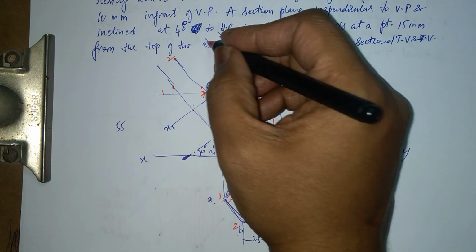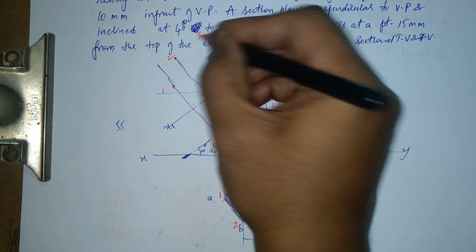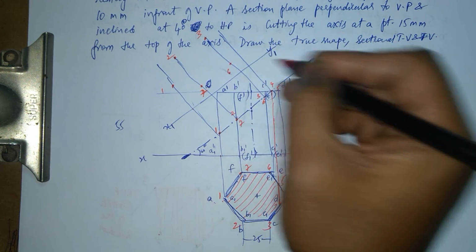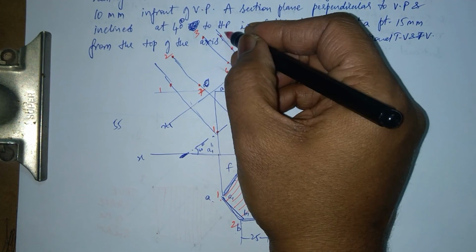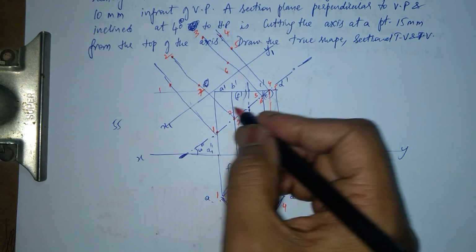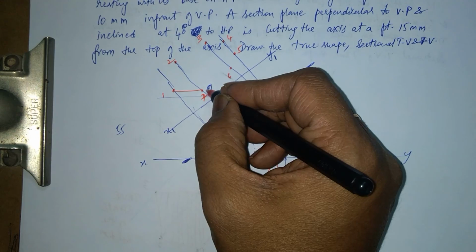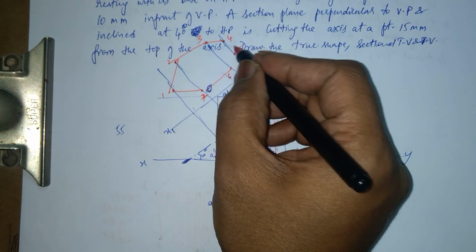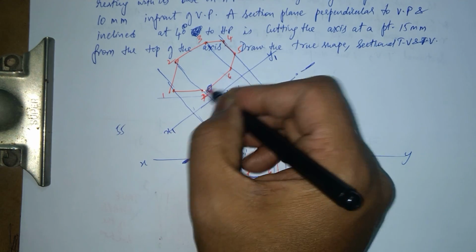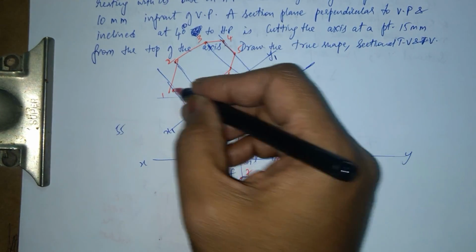Then similarly I have a 3, and I have a 6, and I have 4 and 5. So if I join all these points, this is what I get. 1, 2, 3, 4.